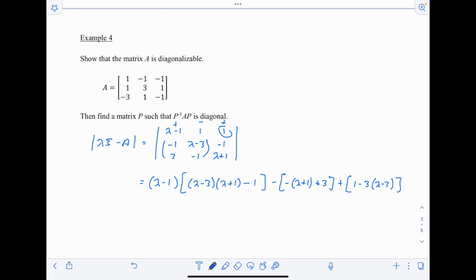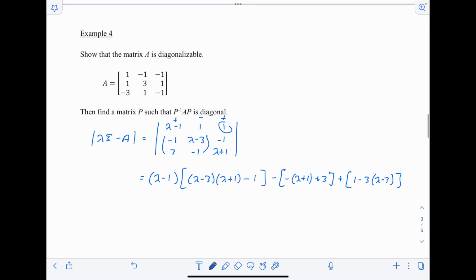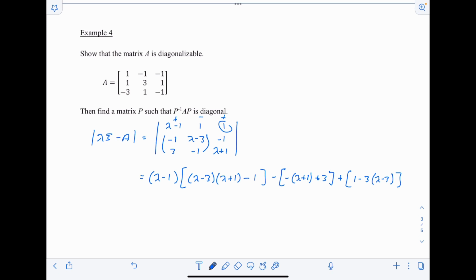All right, so now we have to go through and actually simplify this whole thing. We've got lambda minus 1, times lambda squared minus 2 lambda minus 4, since minus 3 plus 1 is minus 2 lambda, and minus 3 minus 1 is minus 4. The minus makes that a plus, so we have plus lambda plus 1 minus 3, and then plus 1 minus 3 lambda plus 9.